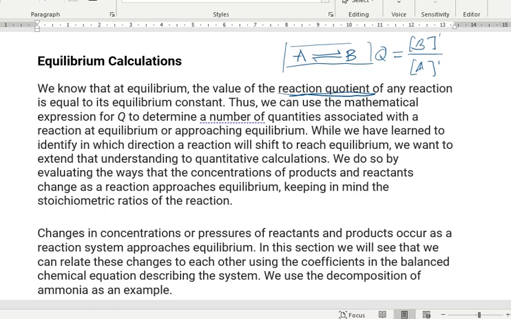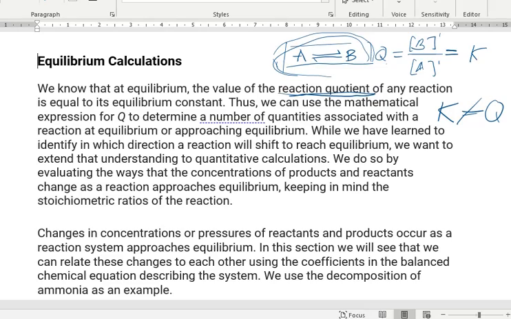So we know that if this system is at equilibrium, then Q would be equal to K. Because the B here, if that system is at equilibrium, will be at equilibrium concentration, and also A. Right? That is why Q would be equal to K. Meaning, if K is not equal to Q, that means that the system has not reached equilibrium yet.